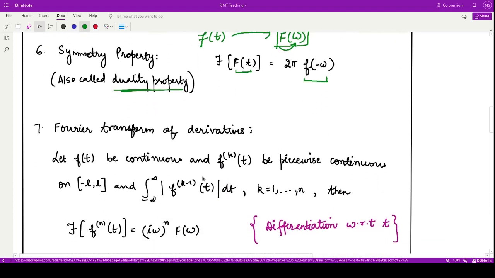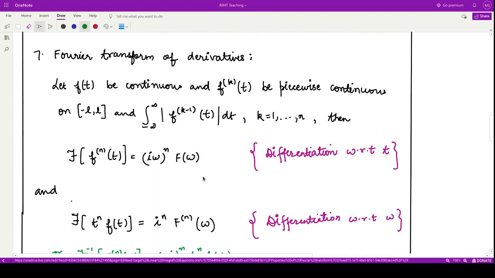Next we can also calculate the Fourier transform of derivatives of some functions. For that we need to define certain conditions. First of all, we'll see the differentiation with respect to t. Suppose we are given the function f of t, its nth derivative would be defined like this. What are the conditions required here?